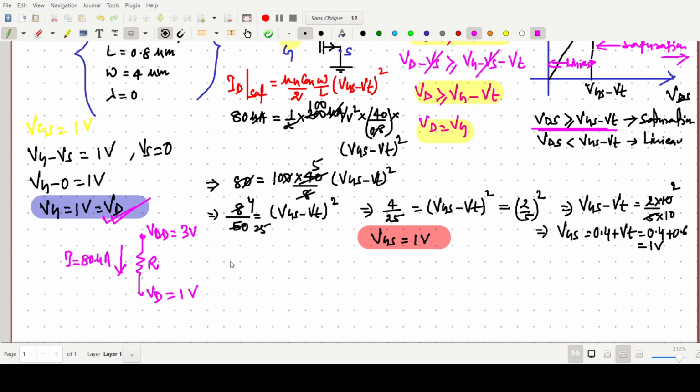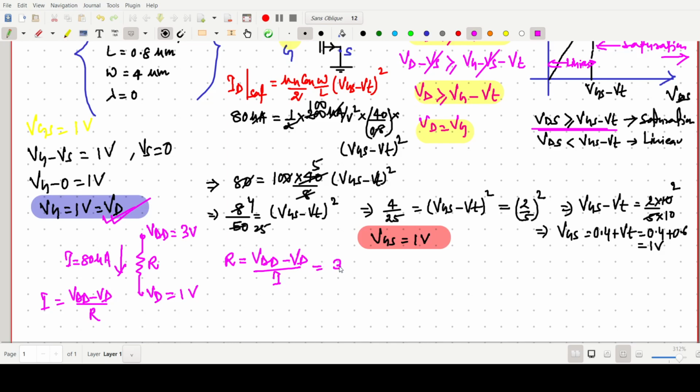So one can write the value of R. R equals VDD minus VD by I. Simply, this current I flowing is this potential, VDD minus VD by R, simple concept. So I am directly writing R, VDD minus VD by I.